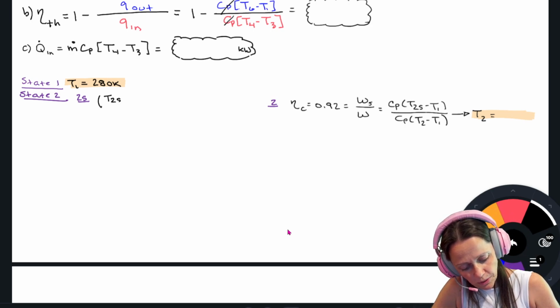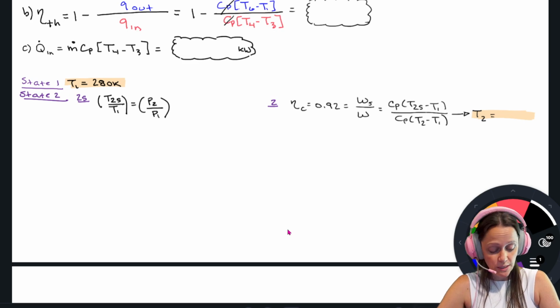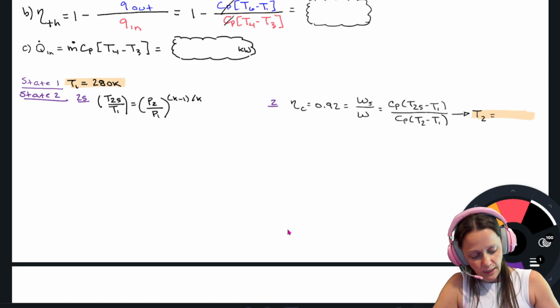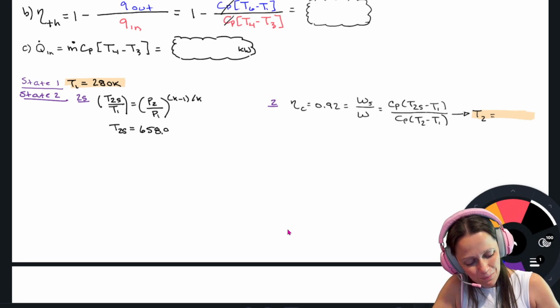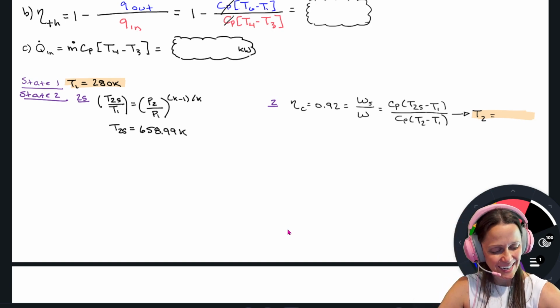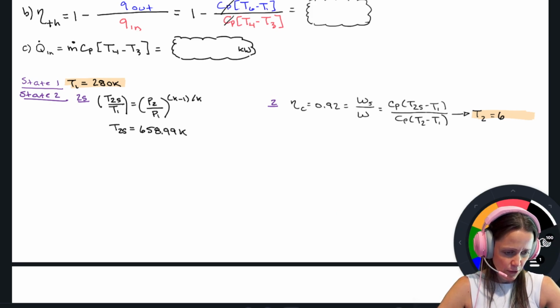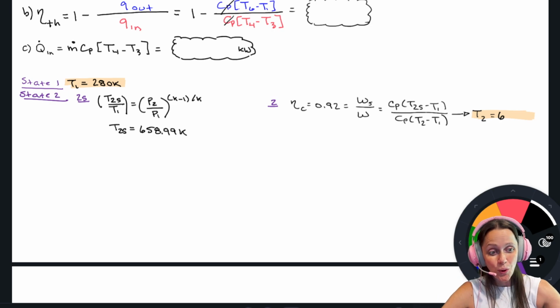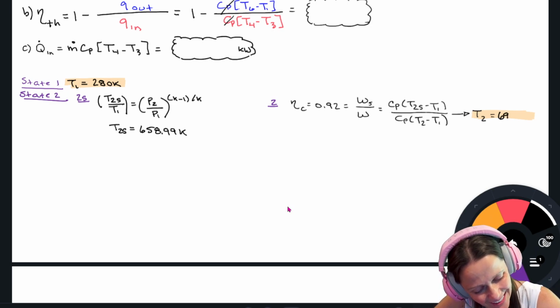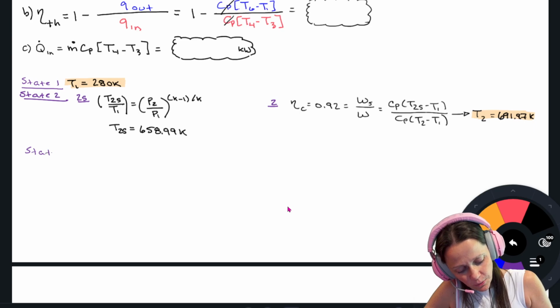So I'm going to use an isentropic relationship: T2S over T1 equals P2 over P1, that pressure ratio is given to me, to the K minus 1 over K. Make sure you're plugging those temperatures in Kelvin. I get a T2S of 691.97 Kelvin.